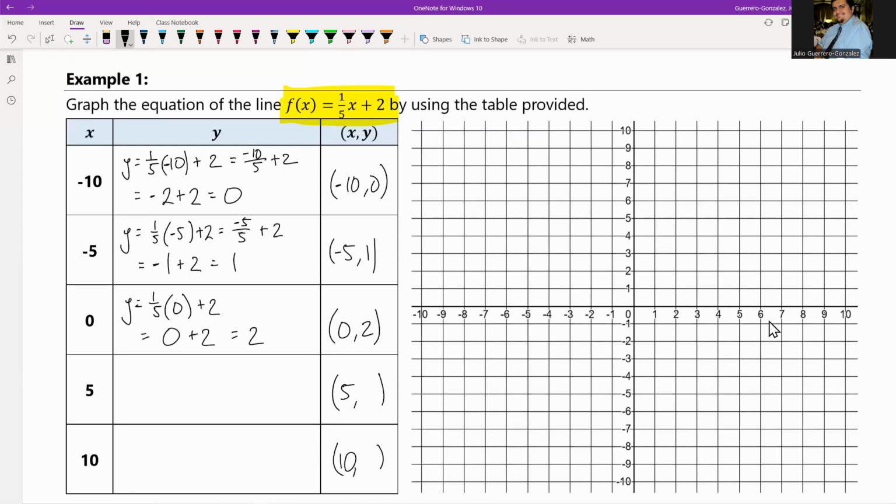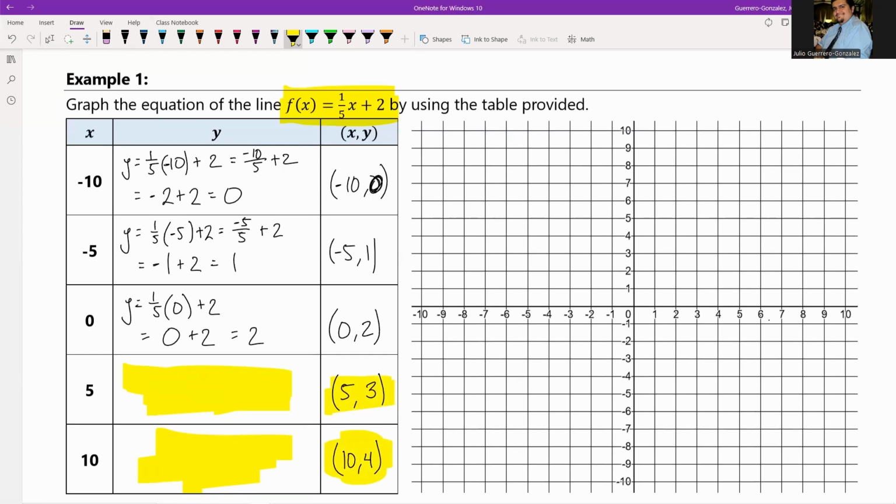Then what are the y values? You see how they go. They started out at 0, then 1, 2, 3, 4. If you complete the tables here, these are the points that you're supposed to be getting.